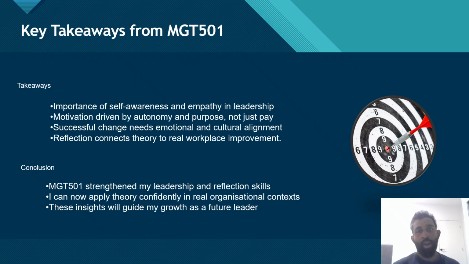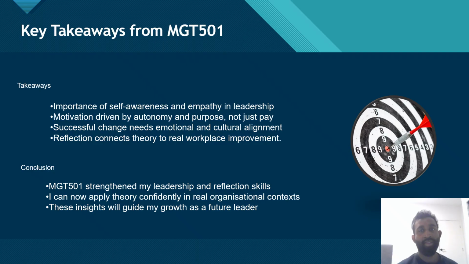From contemporary management, my biggest takeaway is that effective management starts with understanding people, including ourselves. Emotional intelligence, motivation, and adaptability form the foundation of leadership in today's evolving business world.